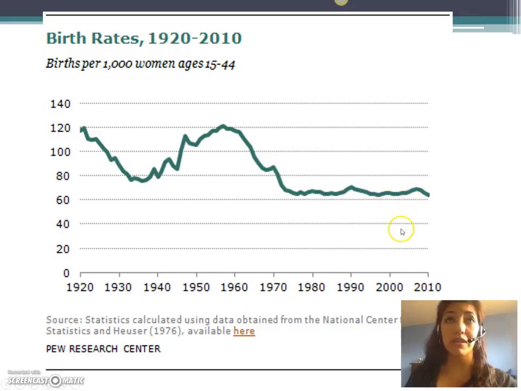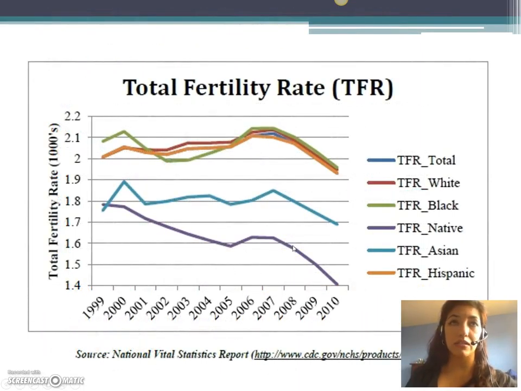Experts were expecting a mini baby boom going into 2007, 2008. Obviously, we had the Great Recession, and that killed that. There was a slight increase going into 2010, but very slight. It's basically continuously going down overall. It is going up in certain areas, but mostly it has been going down.